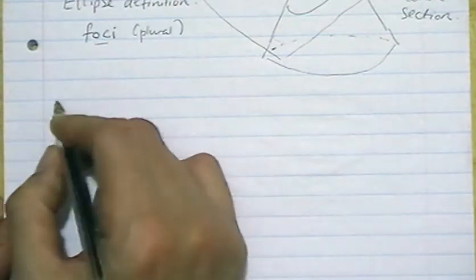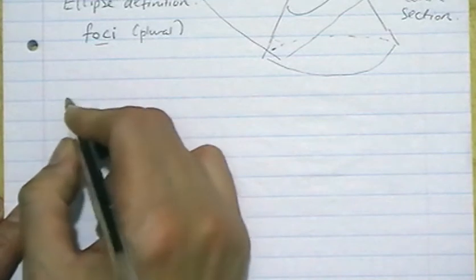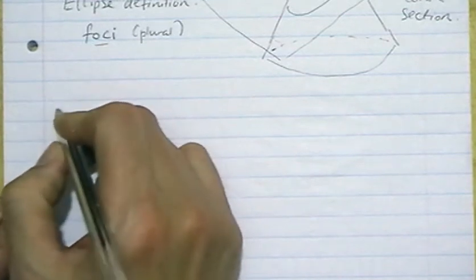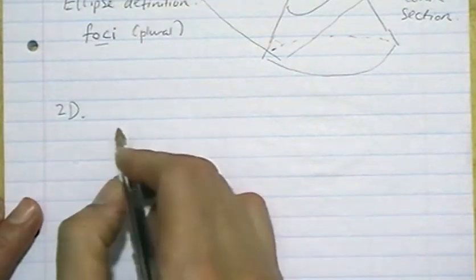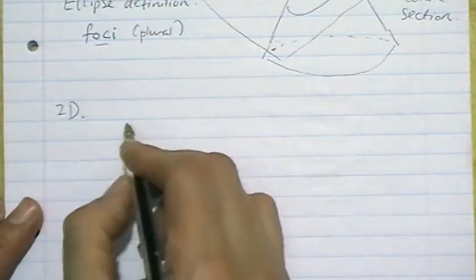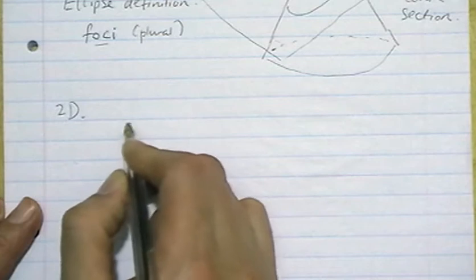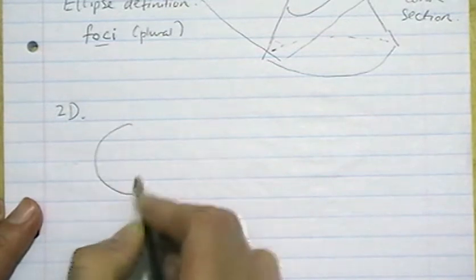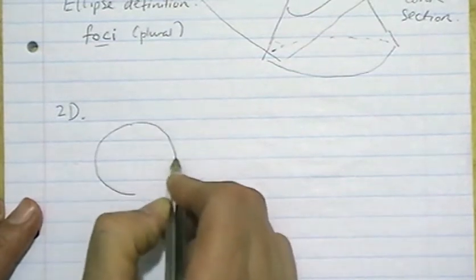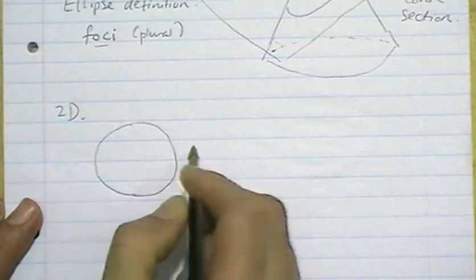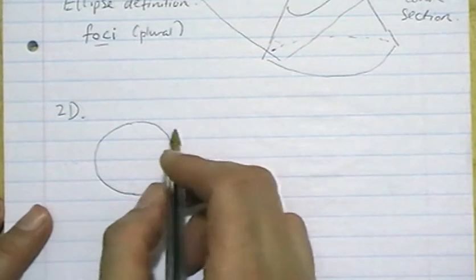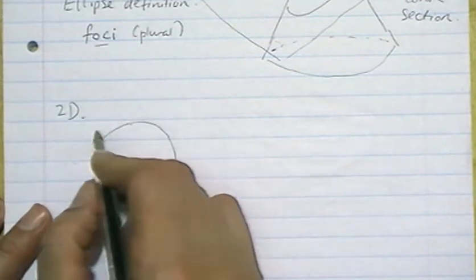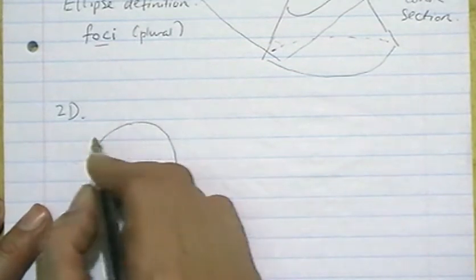And let me start with a picture in 2D, a circle in 2D. So on this piece of paper, let me draw a circle. Okay, so that's just 2 dimensions, just a flat circle. Now, suppose I draw 2 lines touching the circle.